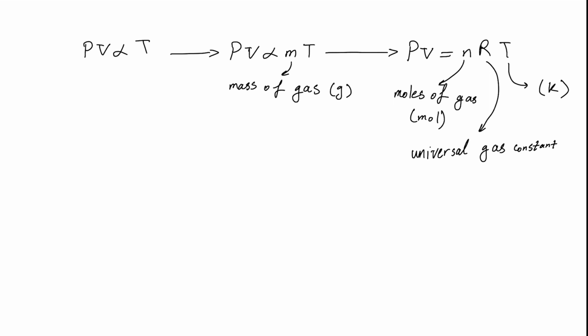So we need to understand this. So what is R? Well, scientists in experiments have found that R is constant for any gas, and its value is 8.314 joule per mole times Kelvin. Okay.